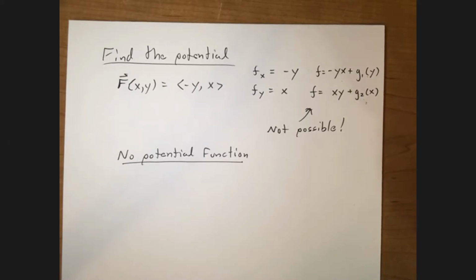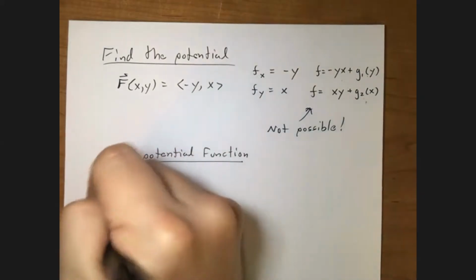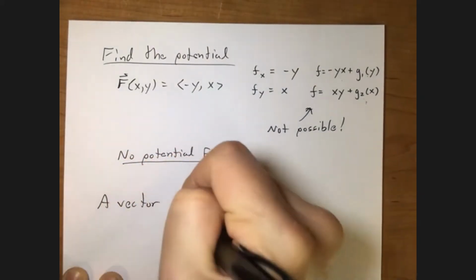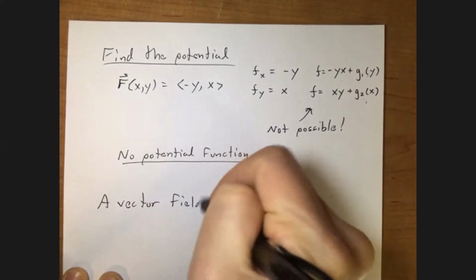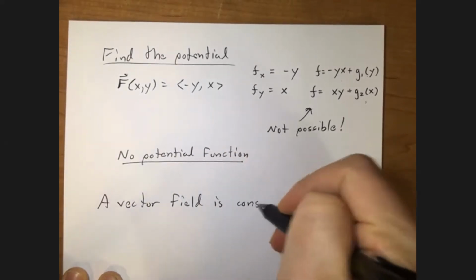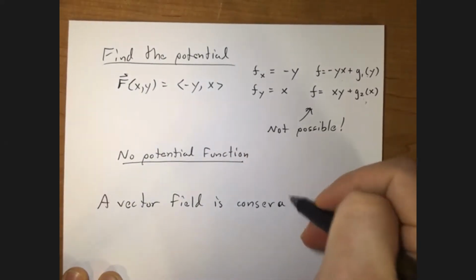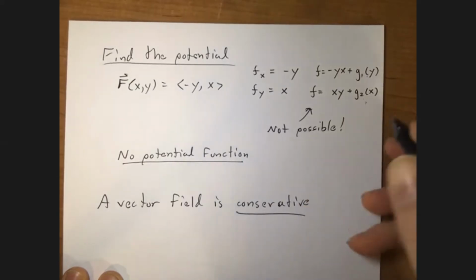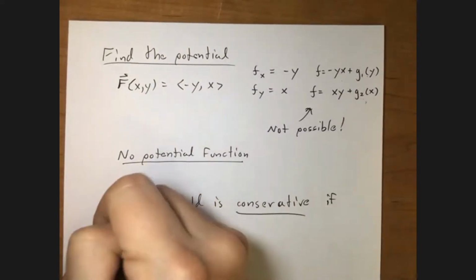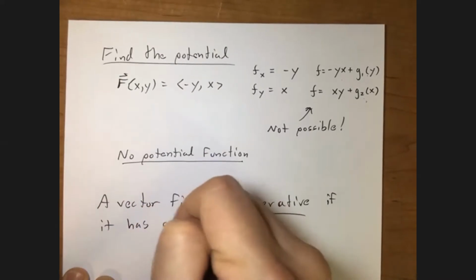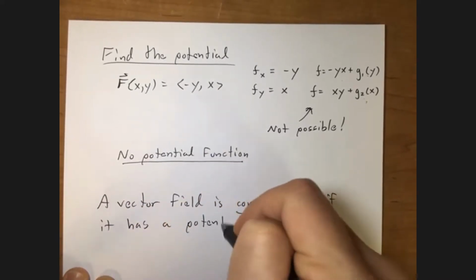This is an important property that some vector fields have. One name we give for these vector fields is that we call them conservative. So a vector field is conservative if it has a potential function.